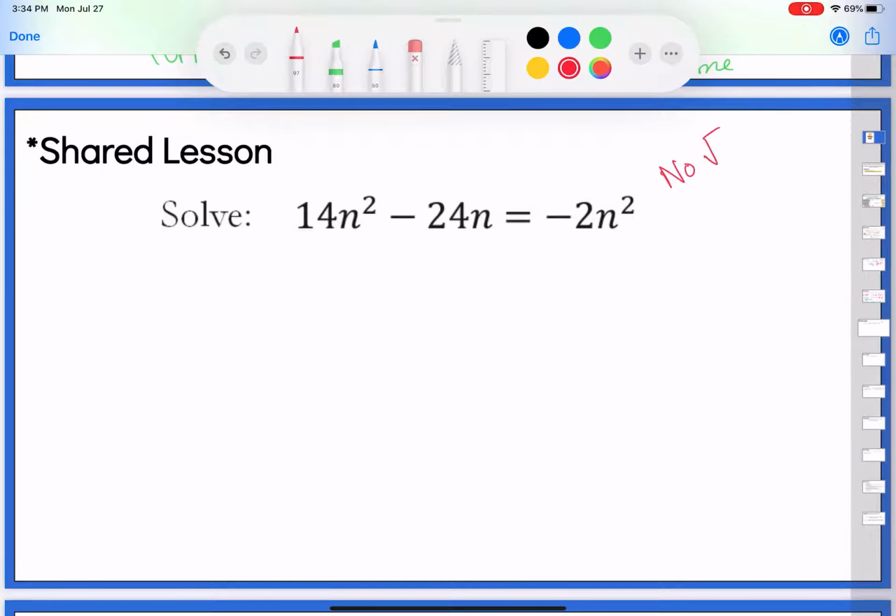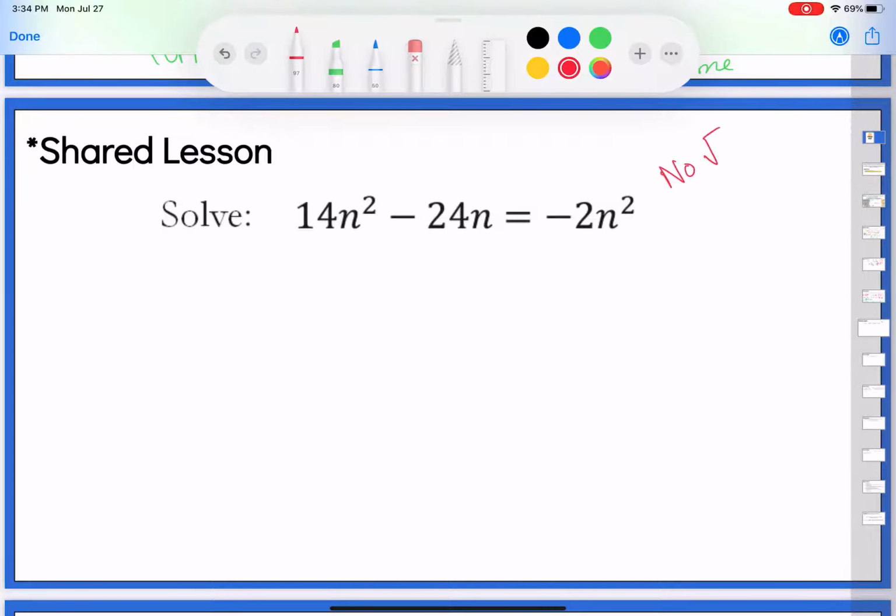So b squared minus 4ac is the discriminant. Okay? Just the stuff that's inside the square root is the discriminant, and that's what tells us the number of solutions.